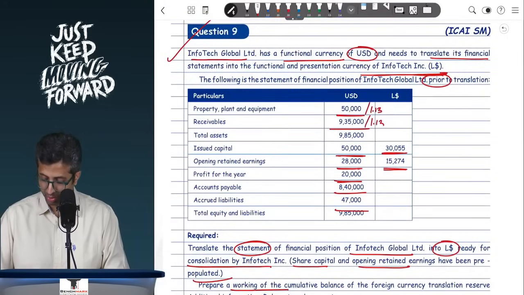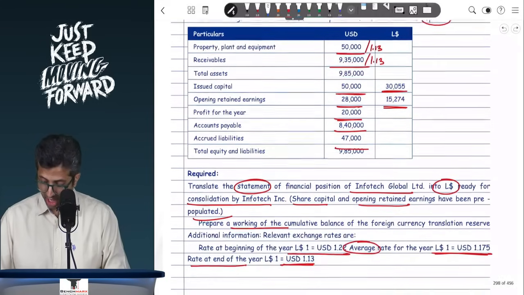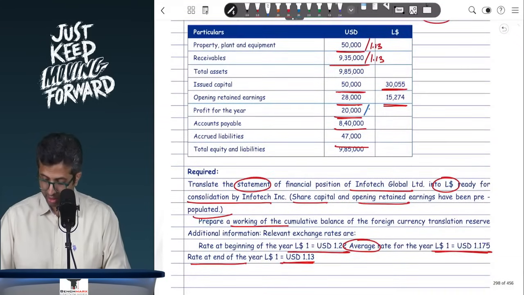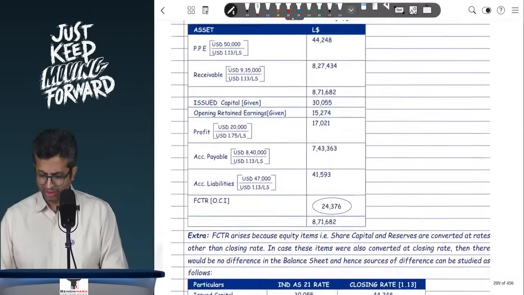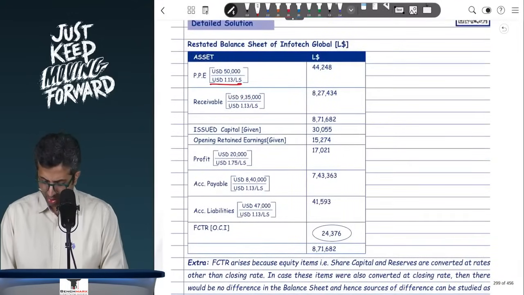Receivable divided by 1.13. Issued capital and retained earnings is already there. The profits will be at the average rate, and hence you will divide it by 1.175, and the accounts payable and everything will be at 1.13 only. Now if I take all of these, everything, you can see 1.13, it is just that this is 1.175.